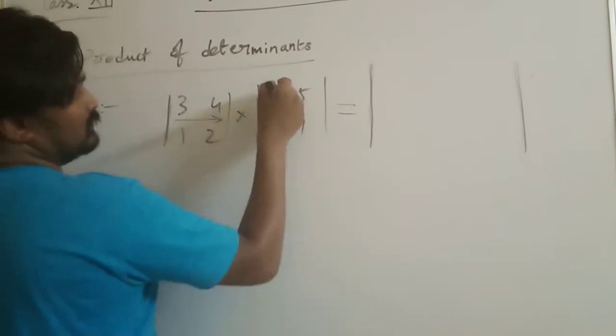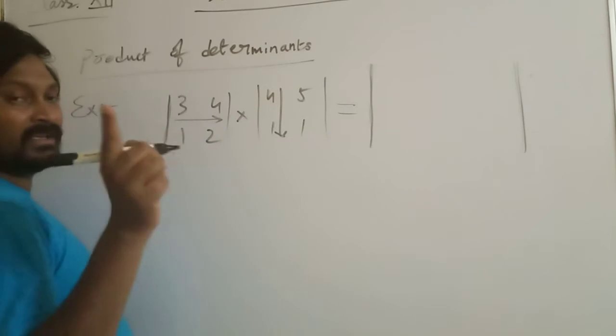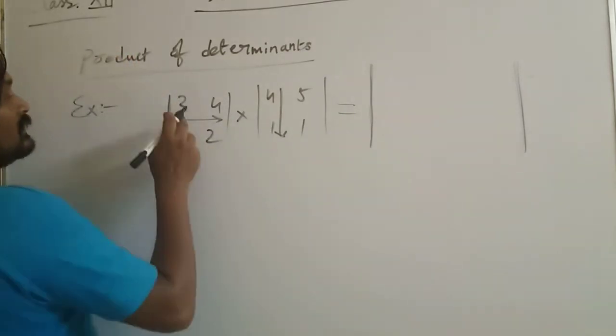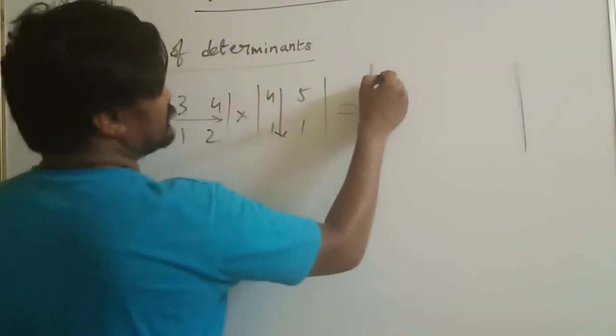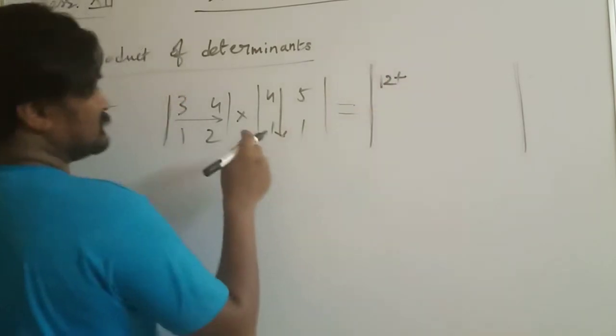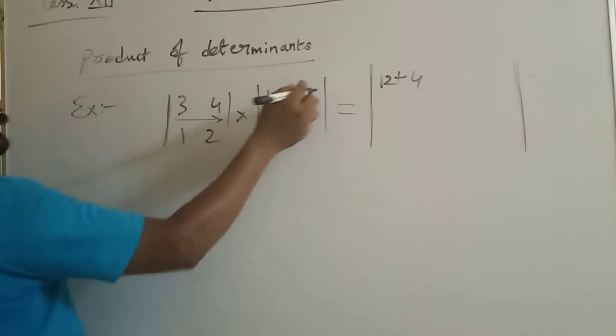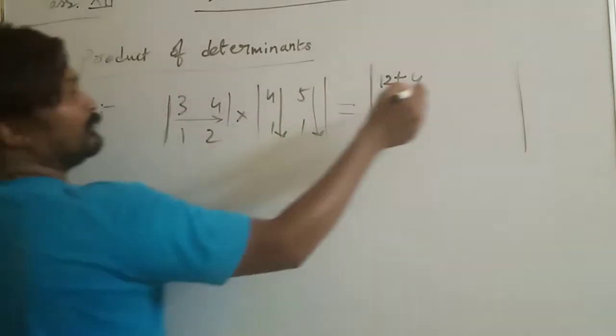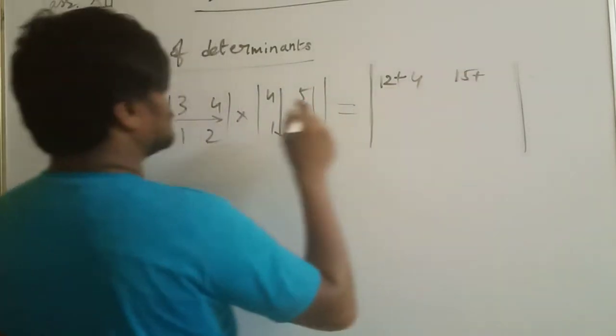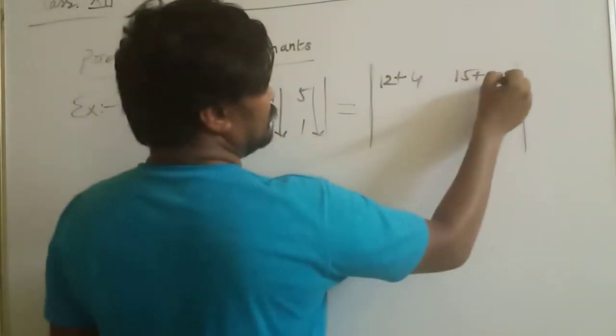So first row, first column gives the first element: 3 4s are 12 plus 4 1s are 4. Next, 3 5s are 15 plus 4 1s are 4.